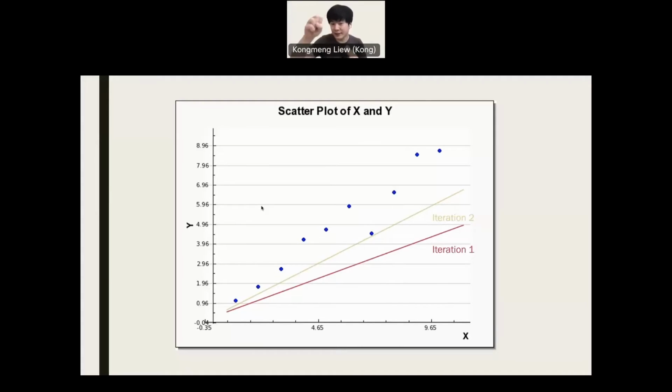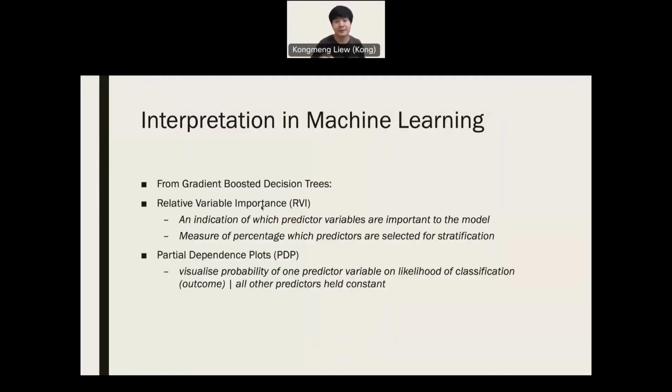Then we take the errors again, put them back again, and train the third iteration, and we start to see a better representation of this relationship between X and Y. So it's the same idea for decision trees, and we call this process gradient descent. So now we have got a model, right?